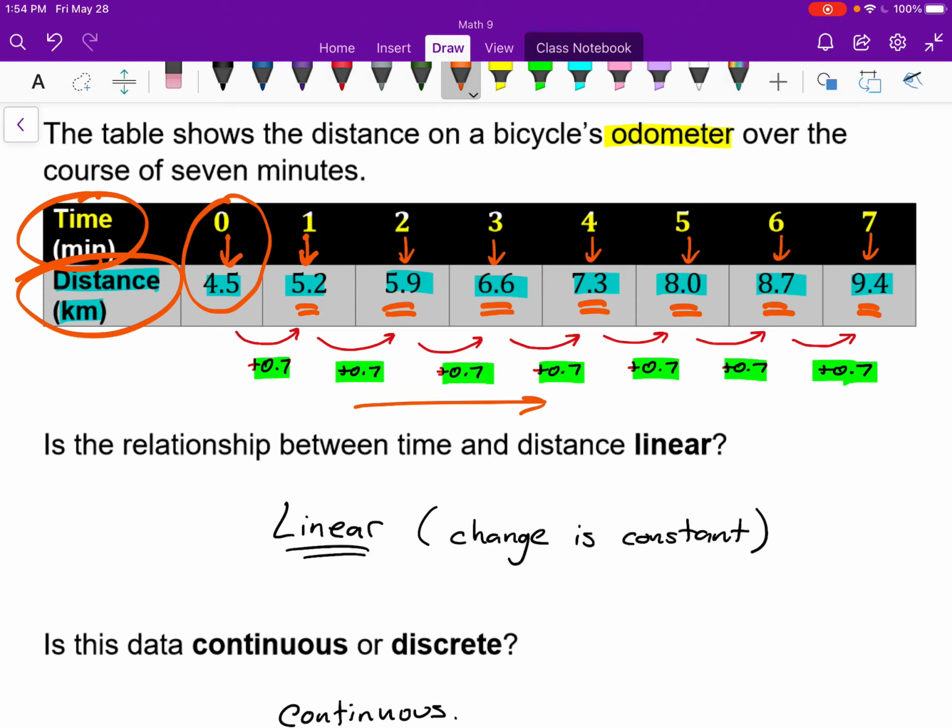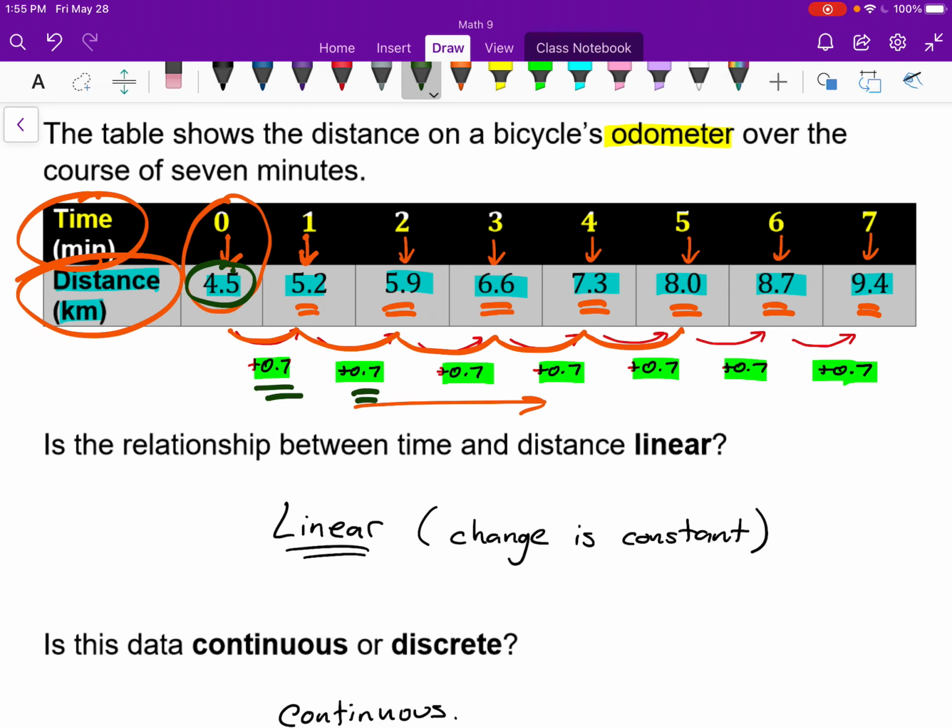And repeatedly adding something is the same as multiplying, right? For example, to get to 5 minutes, one way of thinking about it is we start at 4.5 and we add 0.7 1, 2, 3, 4, 5 times. So one way of getting to the distance at 5 minutes is to take our starting amount and add our change 5 times.